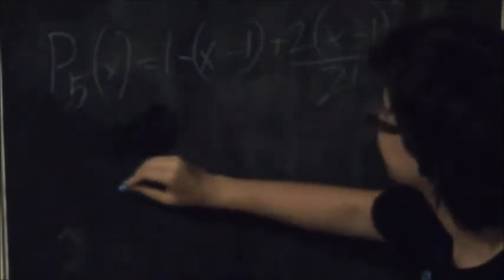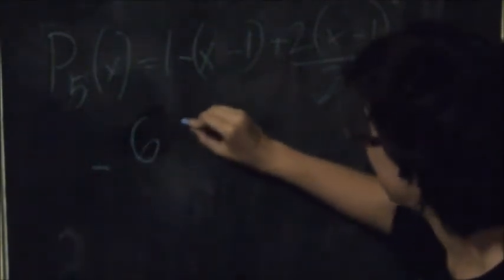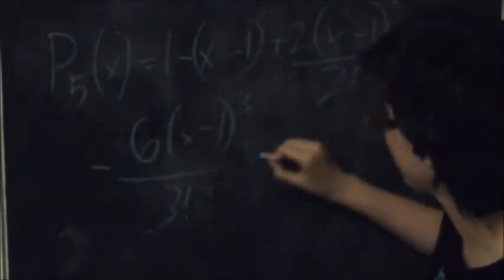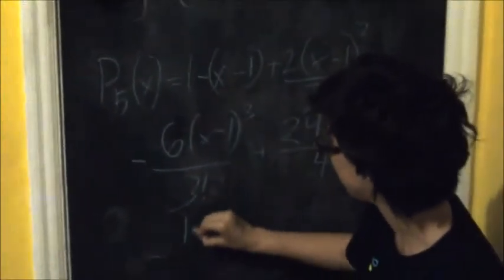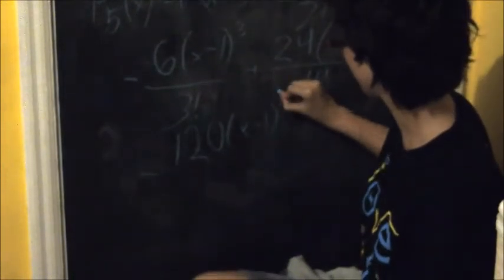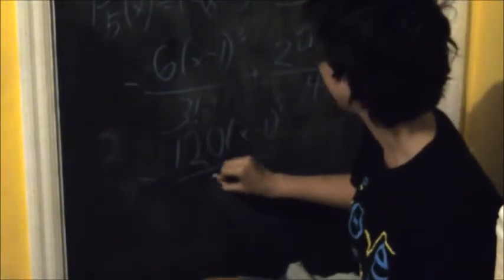It comes out as 1 plus 2 times x minus 1 to the second over 2 factorial, minus 6 times x minus 1 cubed over 3 factorial, plus 24 times x minus 1 to the fourth over 4 factorial, minus 120 times x minus 1 to the fifth over 5 factorial.